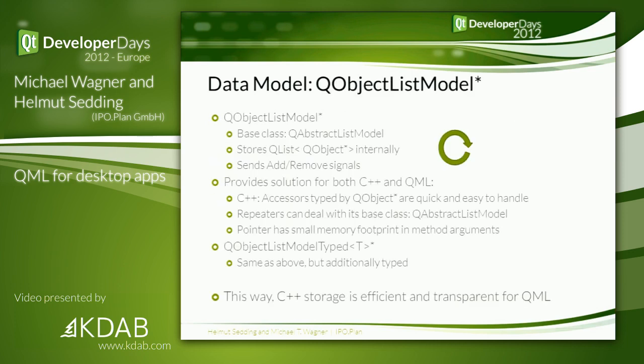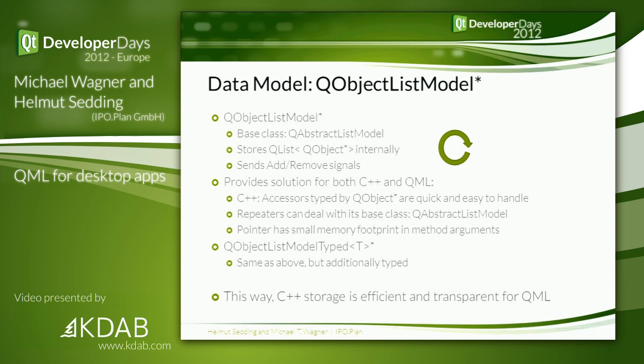That's why we use the QObjectListModel, which uses the abstract list model as a base class, but provides the getters and setters for C++ directly. And because it's derived from the QAbstractListModel, it can be used in QML for all the repeaters. So this is a solution for both worlds.